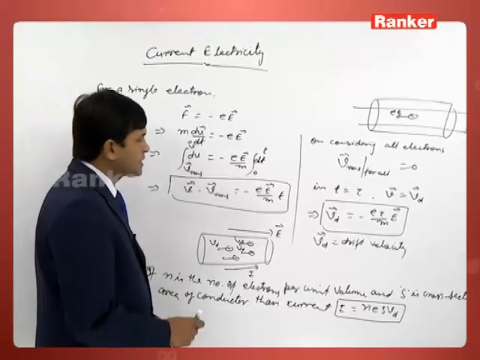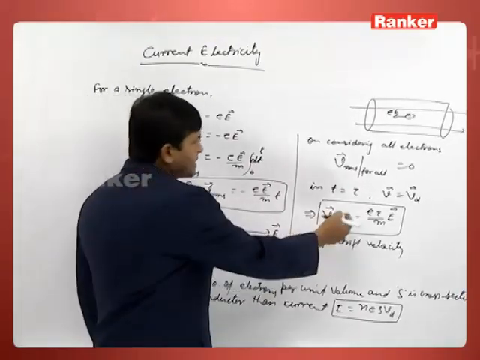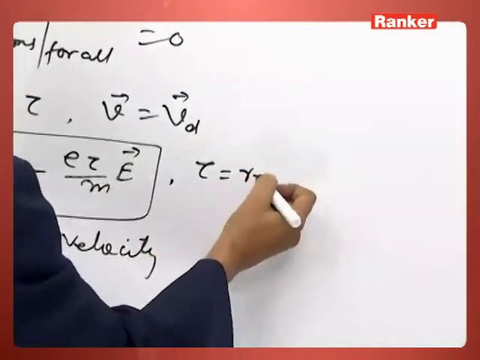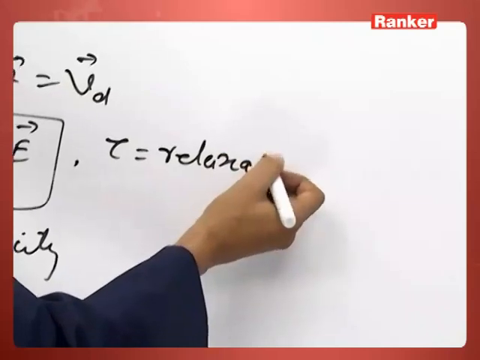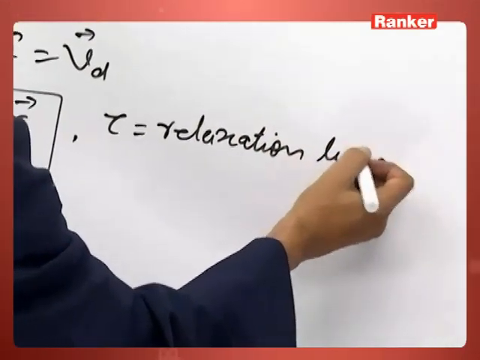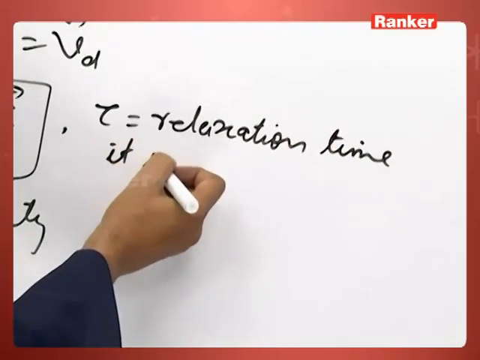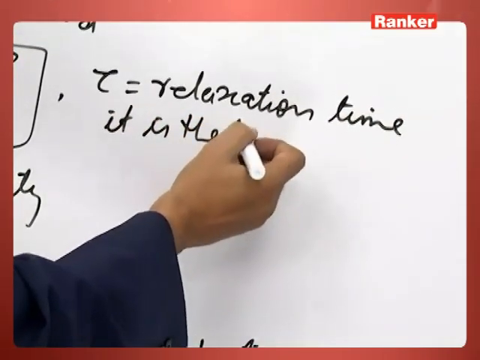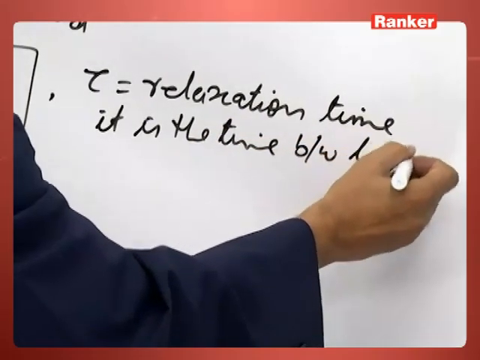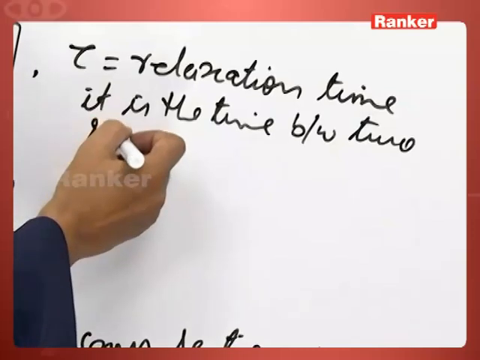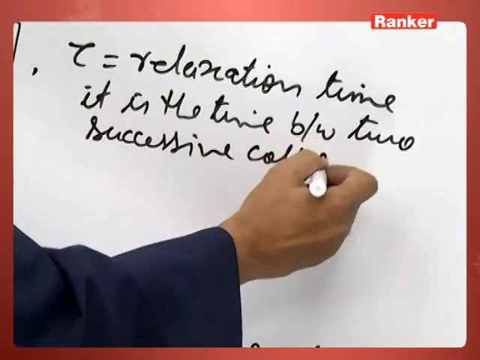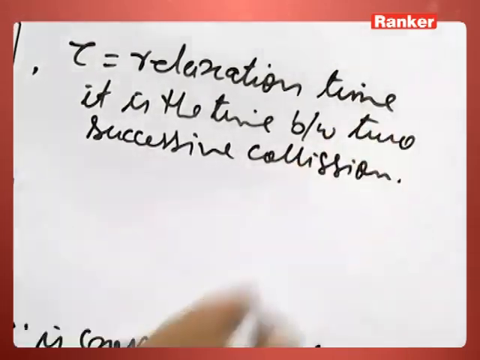Now in this, tau is called the relaxation time. It is the time between two successive collisions.